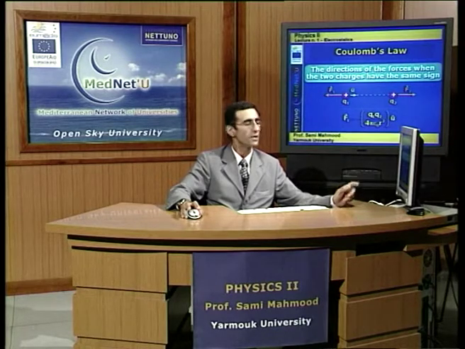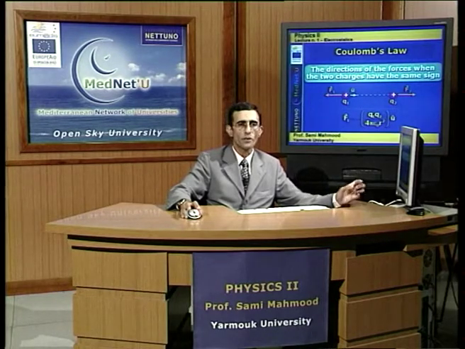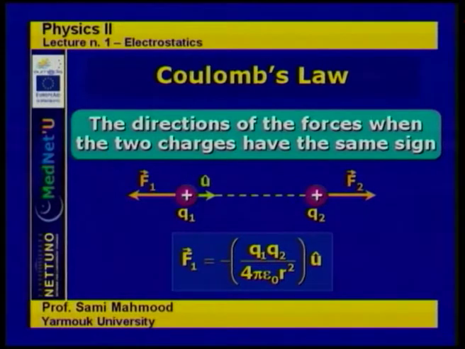Introducing the magnitude and the direction of the force, F1, the force exerted on charge 1 by charge 2, is equal to minus Q1 Q2 over 4 pi epsilon naught R squared U hat. Minus U hat shows the direction of the force exerted on charge Q1.